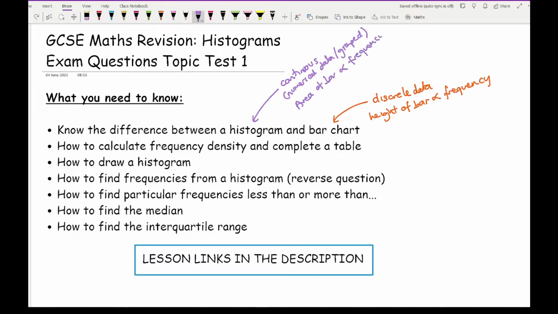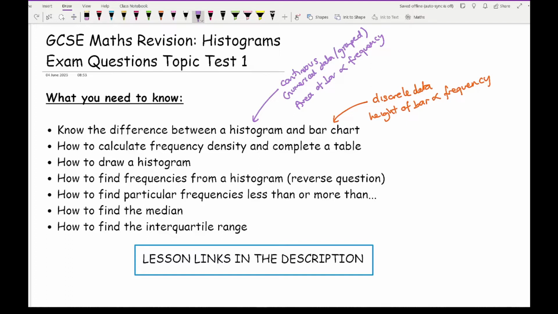So in a histogram, it's not how tall the bar is, it's the area of that rectangle that determines the frequency. So the bar with the biggest area is going to be the one with the biggest frequency. Whereas with a bar chart, it's a case of which one's taller is the one that's got the biggest frequency.